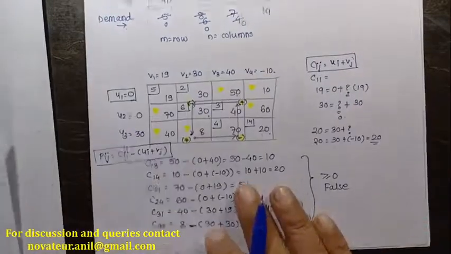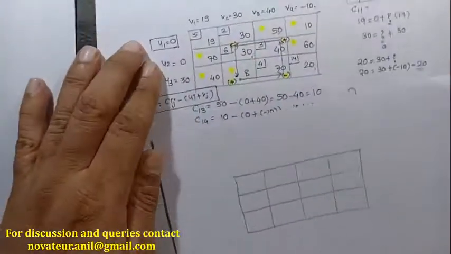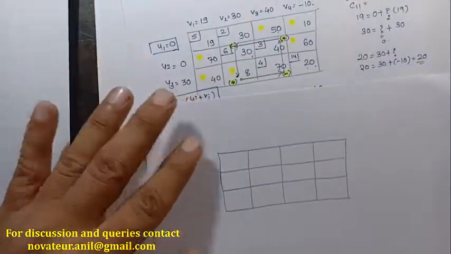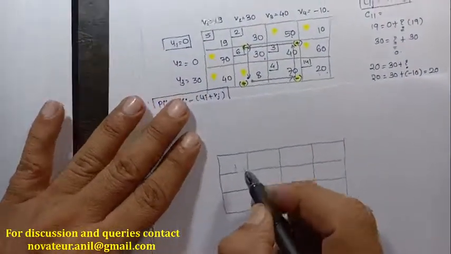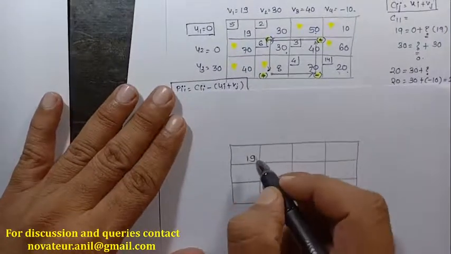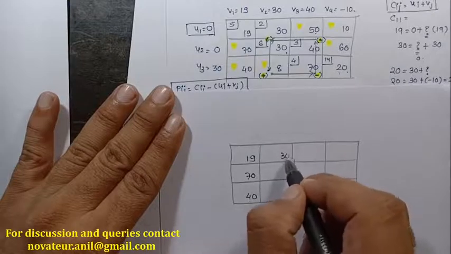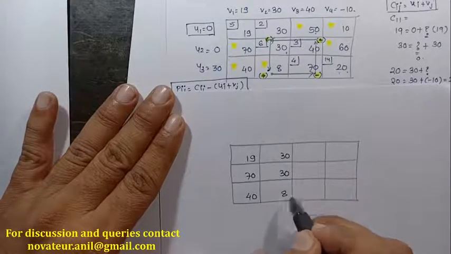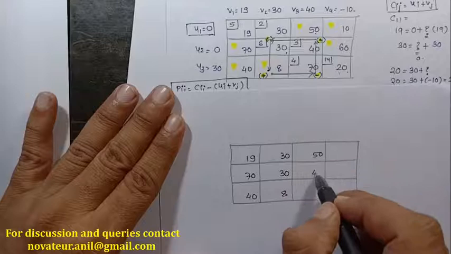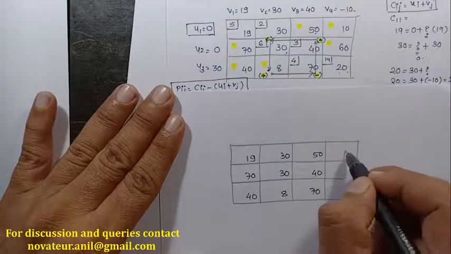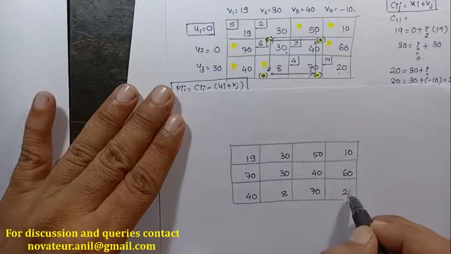So how it is going to affect your matrices, I'm going to rewrite it again for you. Just pay attention so that you'll understand. I'll rewrite the complete cells, that is 19, 70, 40, here it is 30, 30 and 8, 50, 40, 70, 10, 60 and 20.